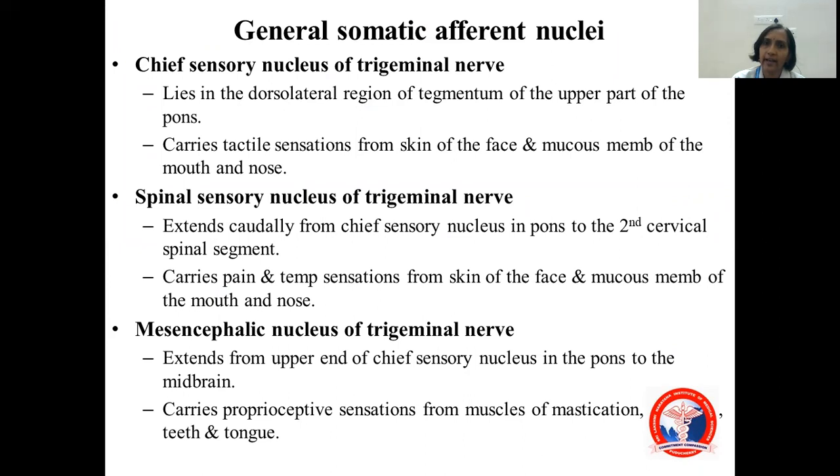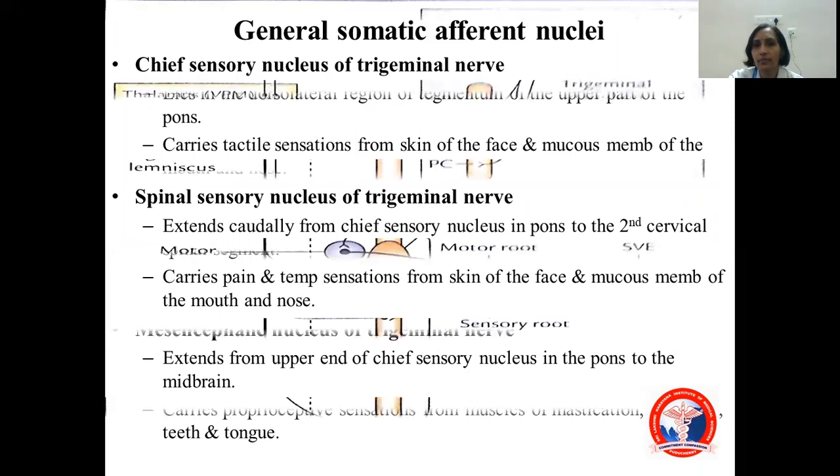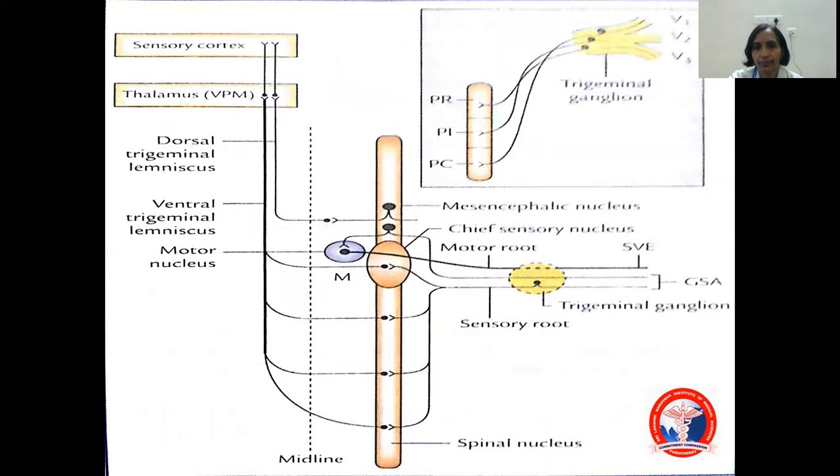These nuclei are receiving the sensory fibers from the skin of face and the mucous membrane of mouth and nose. Along with these sensory nuclei, there is a motor nucleus for the trigeminal nerve, which is responsible for the branchiomotor muscles, that is the muscles arising from first branchial arch.